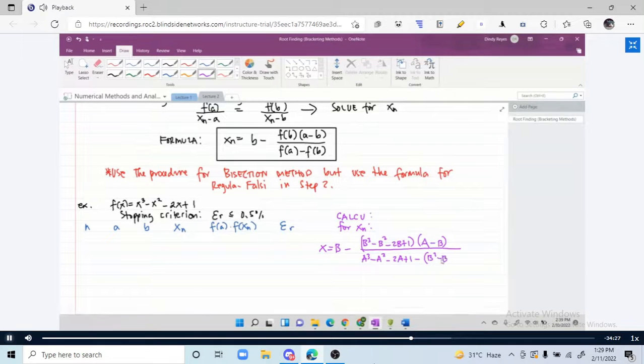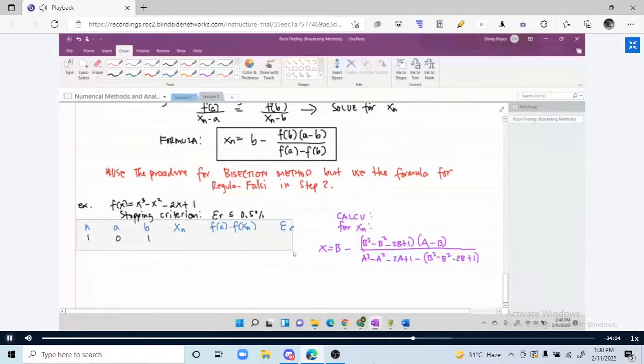Yun ulit, b cubed minus b squared minus 2b plus 1. I'll type exactly this ha, in your calculator and then shift solve. We'll start with, in the first iteration, a equals 0 and b equals 1 pa din for the smaller positive root. Kindly enter this in your calculator first. So this is for the smaller positive root.